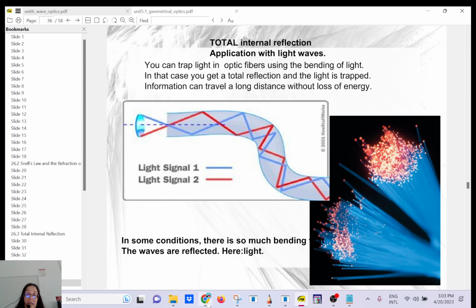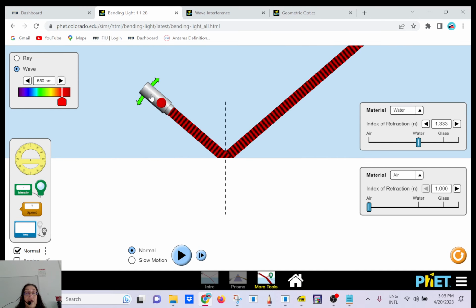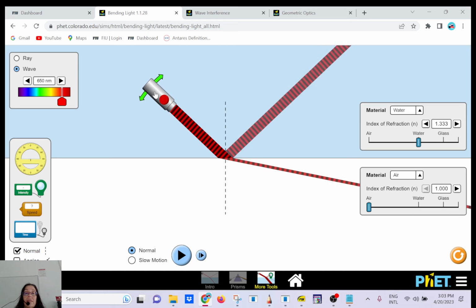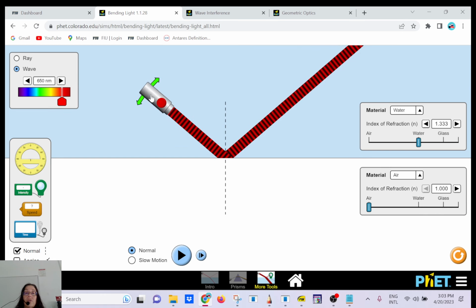And that only happens when light goes from slow to fast. So here, no problem, it can escape. If you are located here, you can see the source. But if it makes an angle, like if it goes past a threshold, then the light is trapped inside the material and cannot escape.